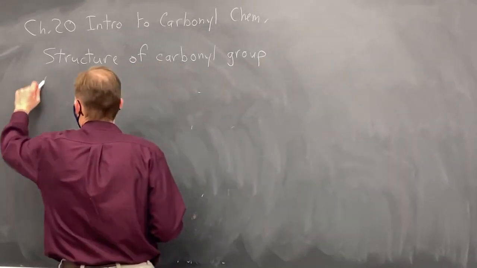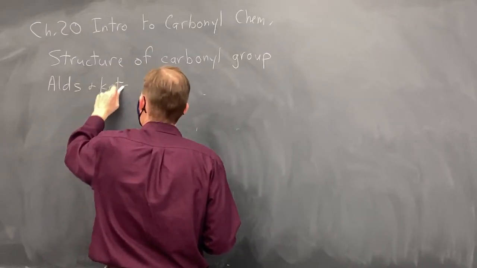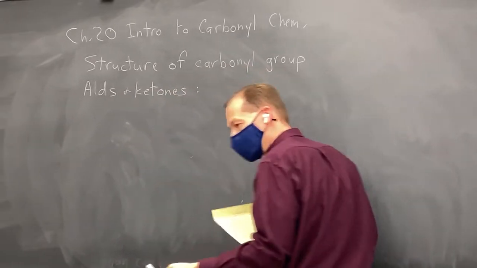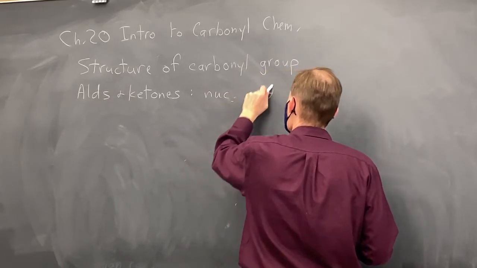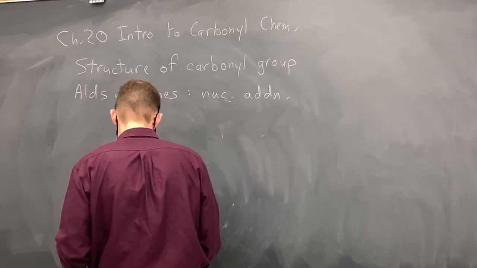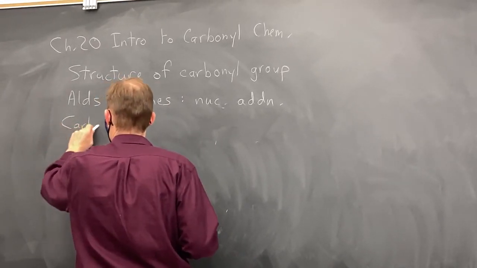We classify our carbonyl compounds into 2 groups. We have aldehydes and ketones in one group, and aldehydes and ketones undergo nucleophilic addition reactions. And then we have our carboxylic acids and their derivatives.